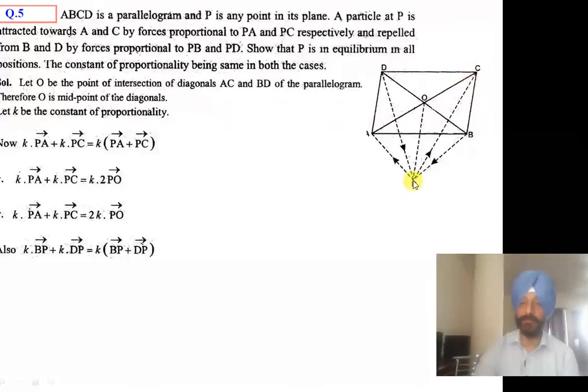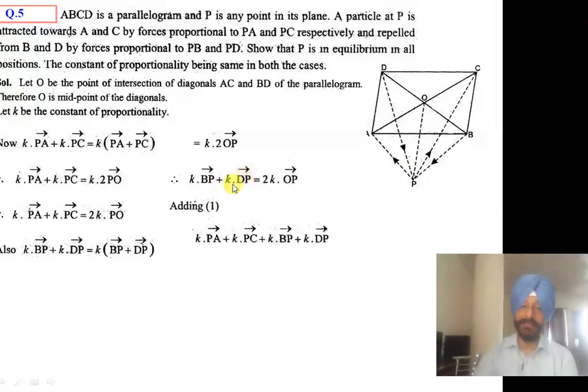We can take K as 1. Since O is the midpoint of AC, this is a very known result: PA plus PC is equal to 2PO. Similarly, O is the midpoint of BD, so PB plus PD is equal to 2PO.